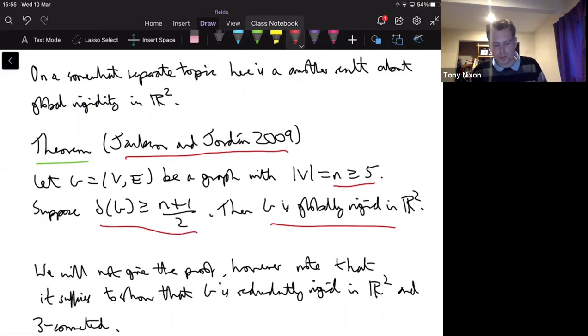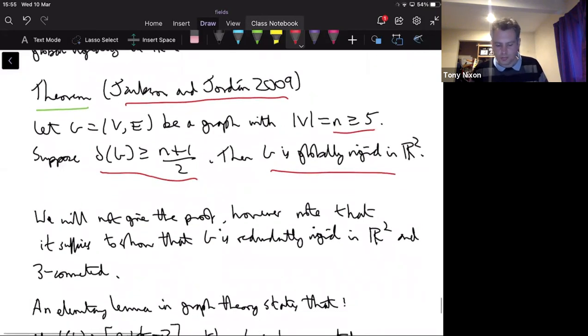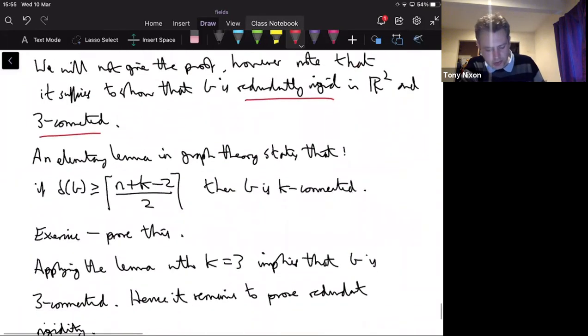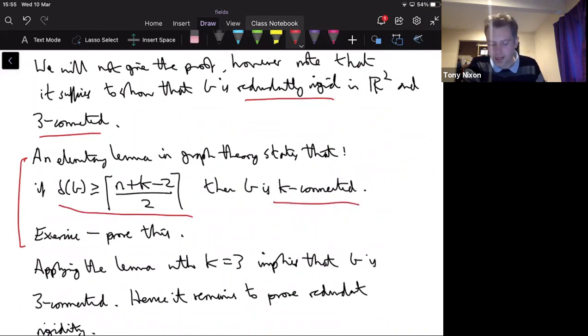And the proof, which I won't go into, I'm just going to give you a very quick comment about it, is to show the conditions we've been proving to show redundant rigidity and 3-connectivity. One of those is easy. So to show 3-connectivity, here's another exercise for anyone who wants it. And this is actually a lemma from my 3rd year undergraduate graph theory course, which says if the minimum degree in a graph is at least this, whatever that is, then the graph on n vertices must be k-connected.